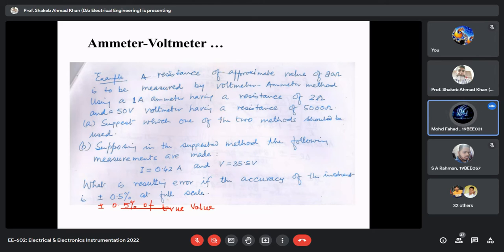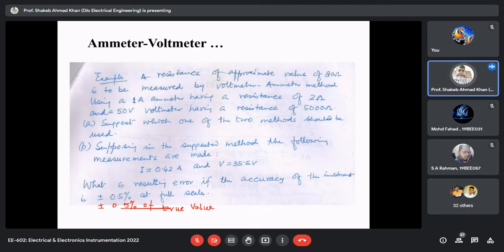Sir, true value. True value will be more accurate, obviously, because your error will increase if you are measuring less than full scale when the error is indicated as a full scale, because when you are at the full scale, then your error is 0.5%.